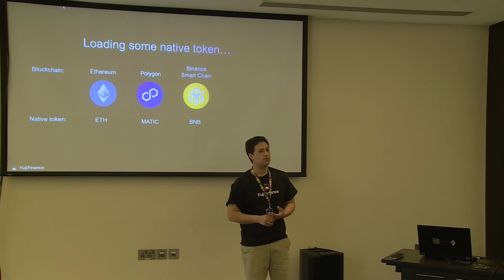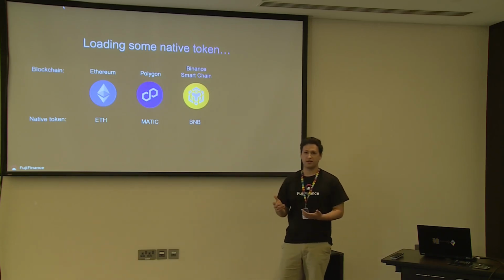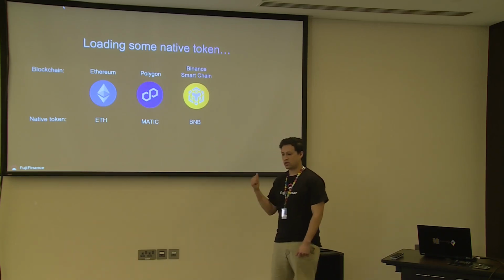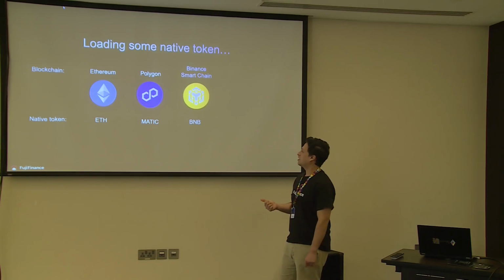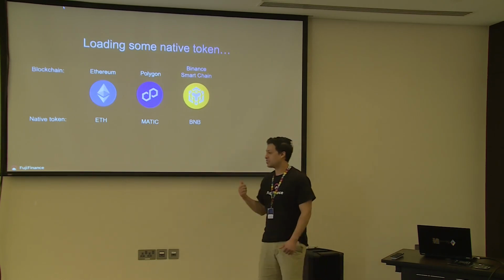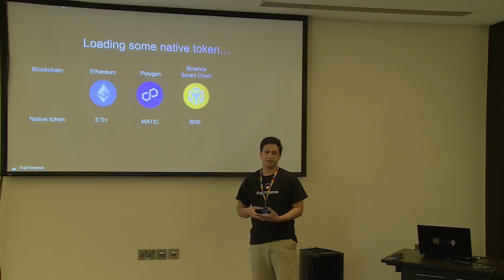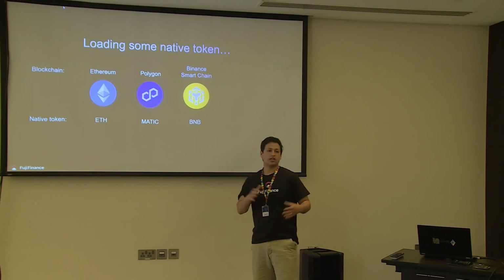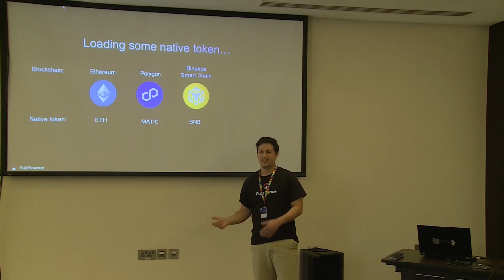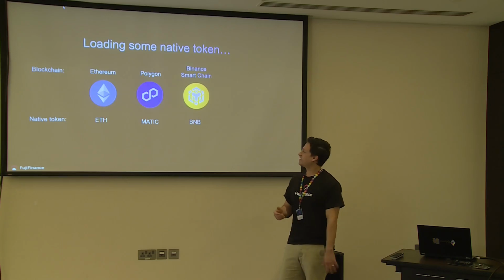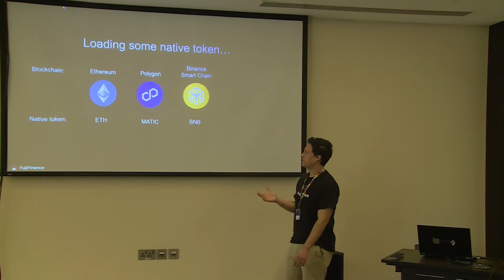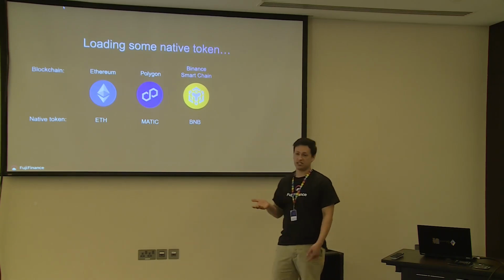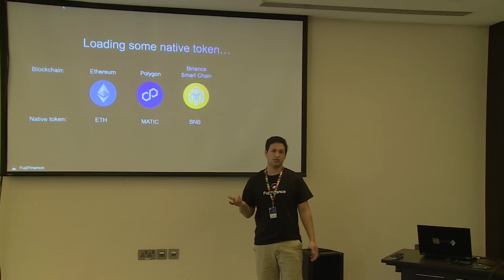But one way to represent it is that if you want to use your computer, you need electricity. So if you want to do something on Web3, you need the native token to allow you to do something.